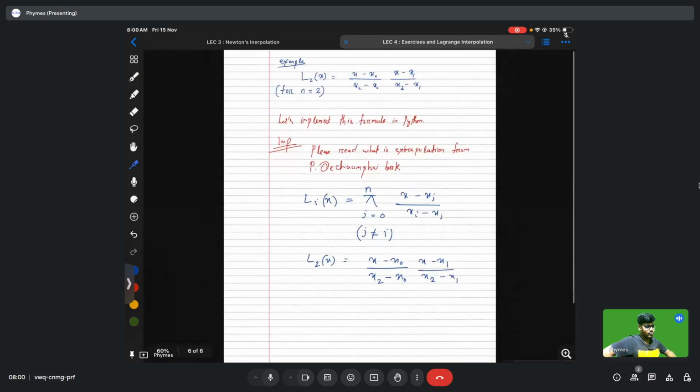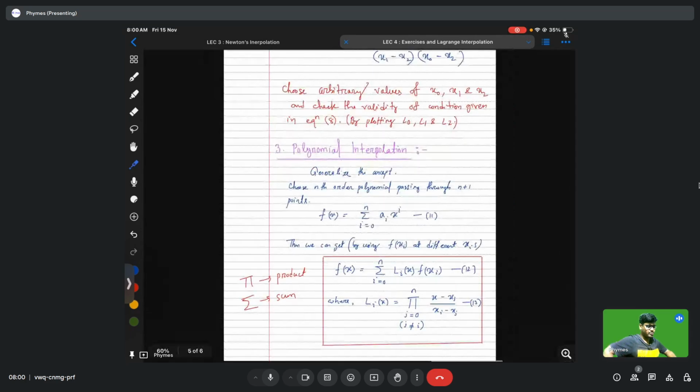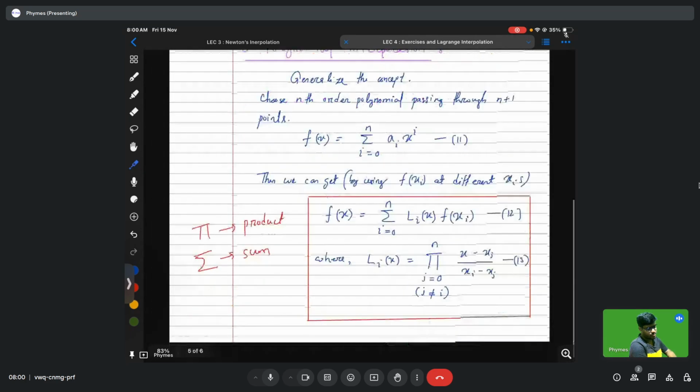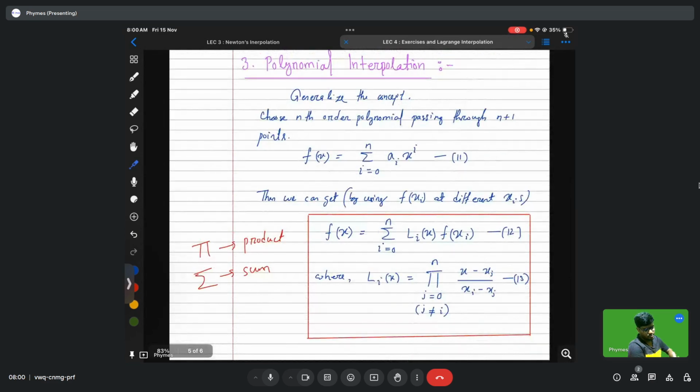So this is all about the Lagrange interpolation. Using this function, you can find the new data points. You have your old data points, and now using this function you can find the value of the new quantities, right?